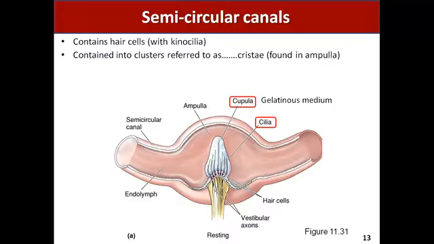We have the cilia extensions of the hair cells, which give rise to vestibular axons when the cupula has been mechanically disturbed, which occurs with head rotations. And just to finish up here, we have the semicircular canal, or at least a cut portion of the semicircular canal, and the enlarged ampulla containing the cupula.